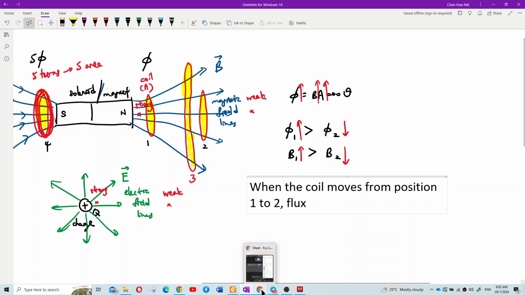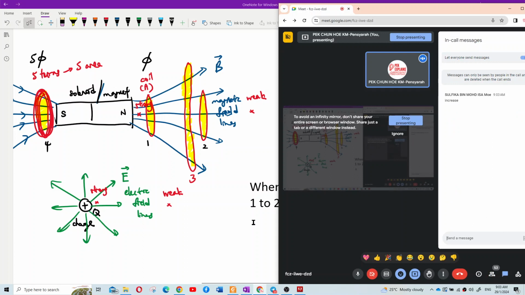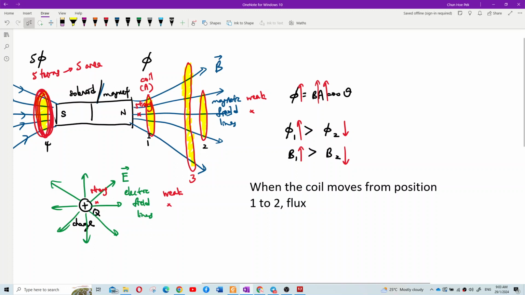Increase or decrease? When it moves from position 1 to position 2, increase or decrease? Decrease. Good. Flux decreases. Okay.